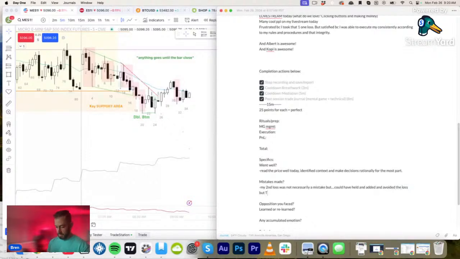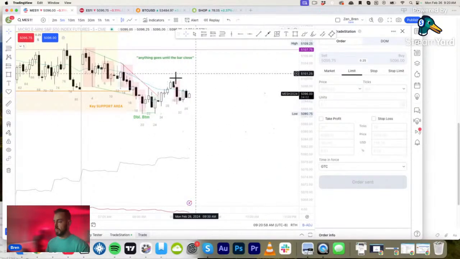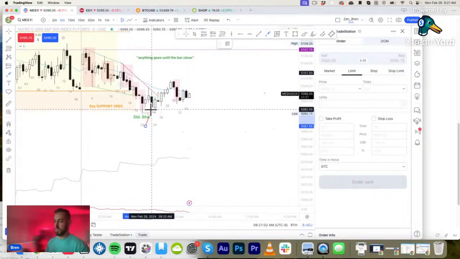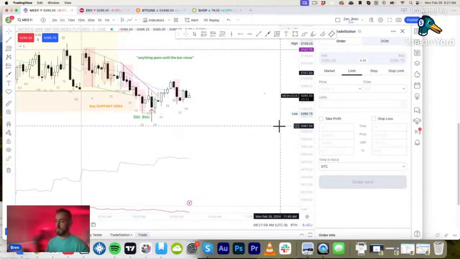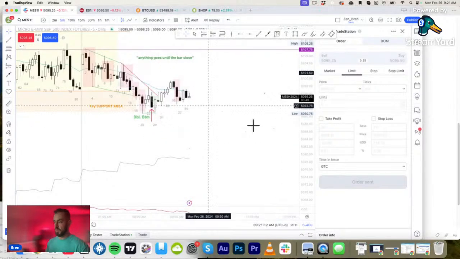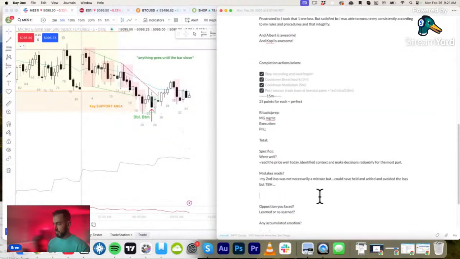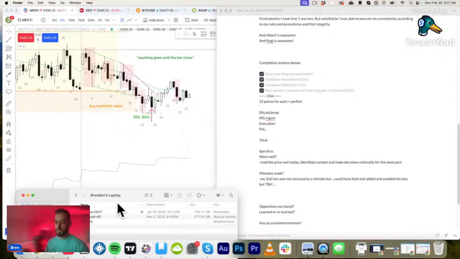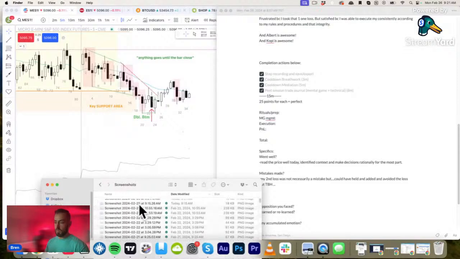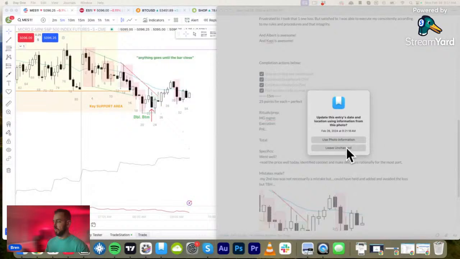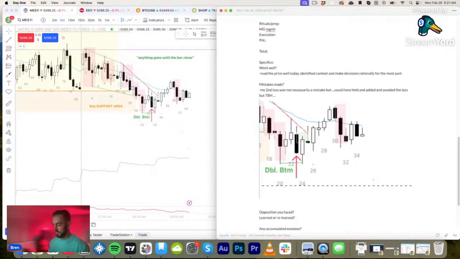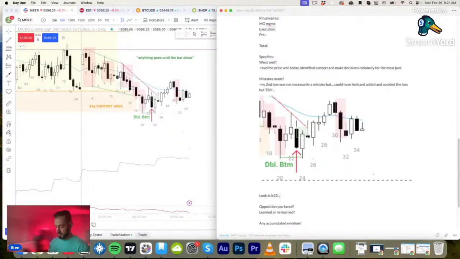But to be honest, look at bar 23. After that, it is reasonable to exit because chance of downside breakout increases.